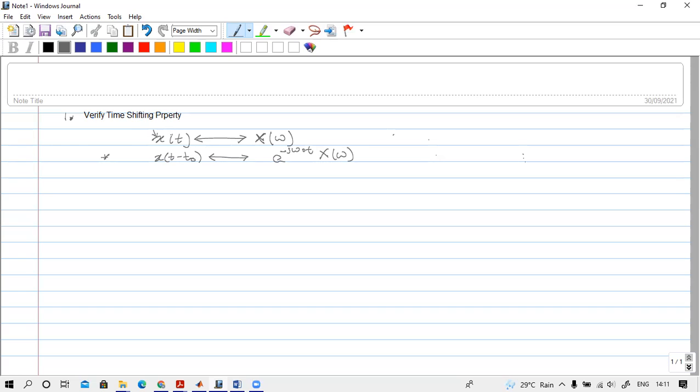If you know the Fourier transform of any signal x(t), and you are given a time shifted version of the same signal, you can find its Fourier transform using this identity, without going through the principal approach using the Fourier transform pair.